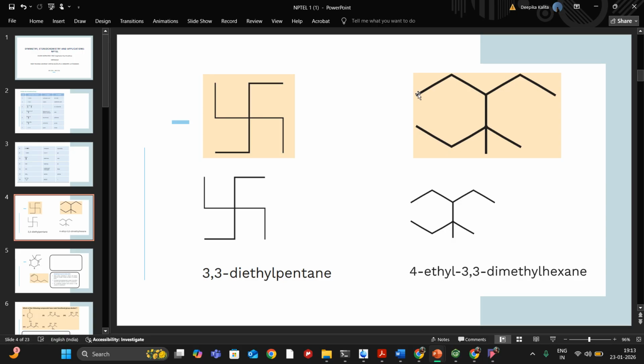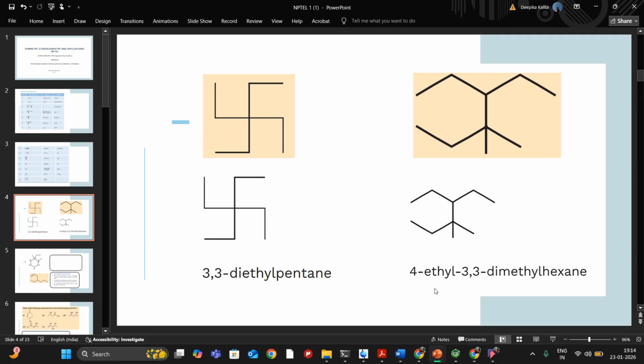Hence the name of this compound will be 4-ethyl 3,3-dimethyl hexane, since the parent carbon chain will have 1, 2, 3, 4, 5, 6 carbon atoms. Hence it will be called hexane.